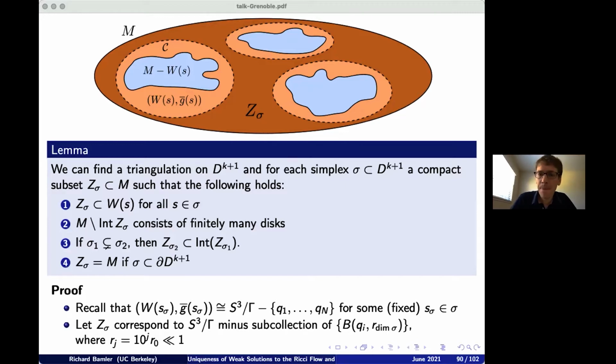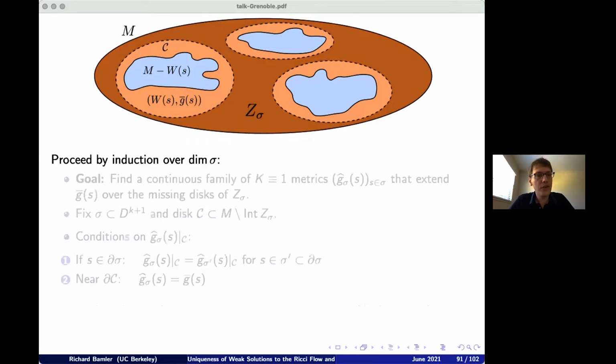Okay. So now that we have this additional data, these Z sigmas, we can now do the extension process. The extension process is we're basically working on skeleta of the triangulation of the k+1 disk. Okay? So we are proceeding by induction over the dimension of the simplex.